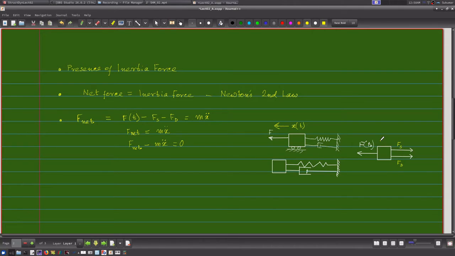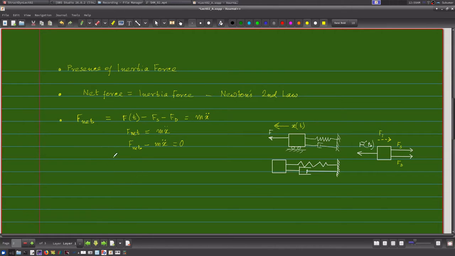I will draw this inertia force by a dotted line, with a dotted arrowhead, and its value I will write as Fi, and this Fi is nothing but m times the acceleration.